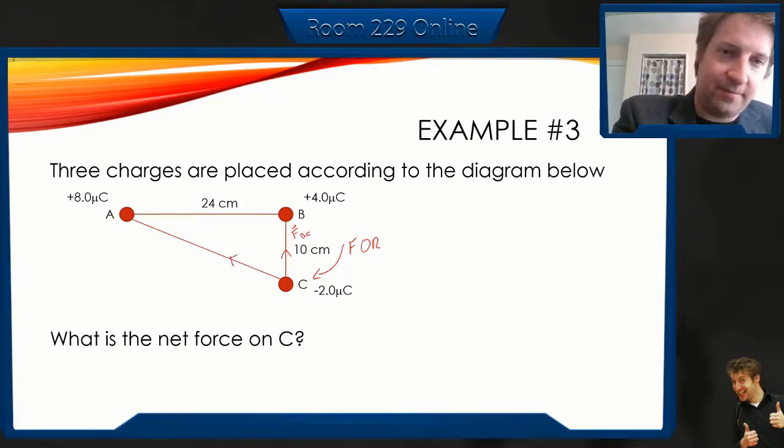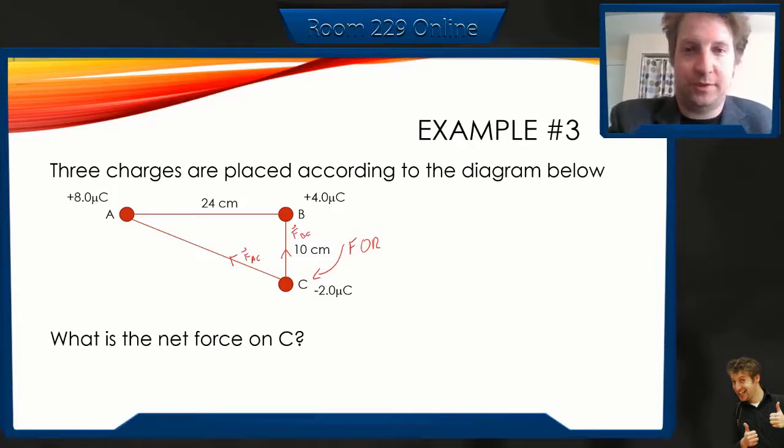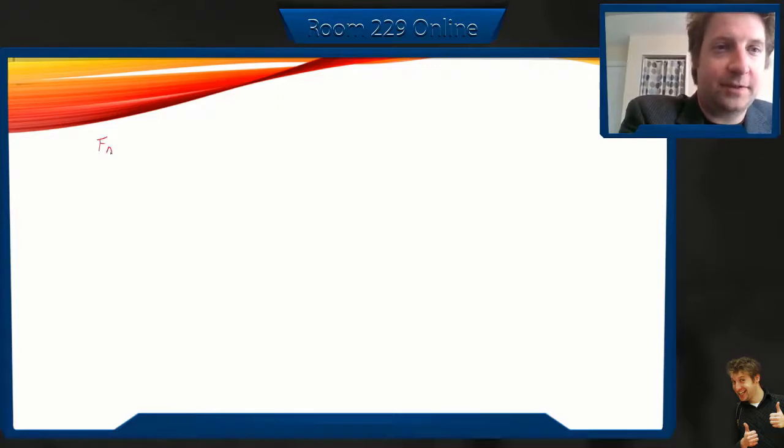So we can say there's a force here, F of A on C, upwards. It's the net force that this feels. If they were all positive, it would be pushing in the opposite direction, but we're attracting it. So let's figure out each of these individually, F of A on C, and then add them up because they're vectors. Okay? So let's do A on C first.